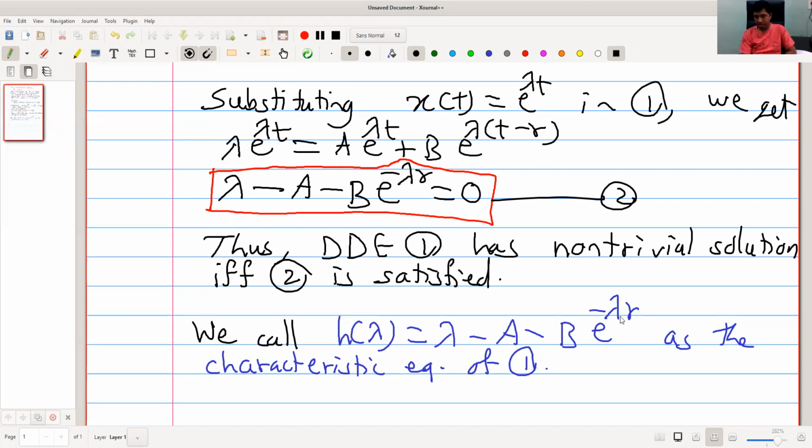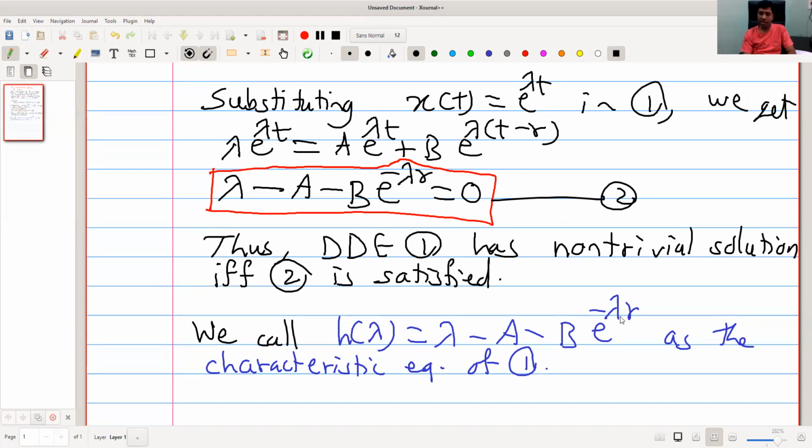In this case we have a transcendental equation, so we can have infinitely many roots. So there is a huge difference between ODE analysis and DDE analysis.